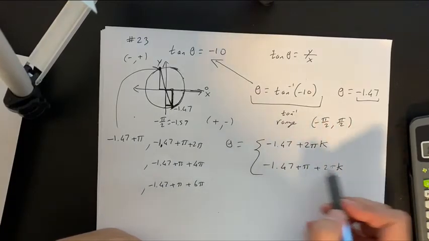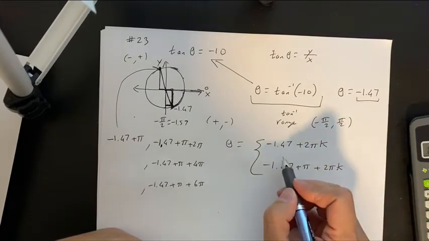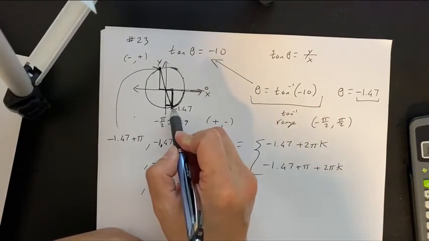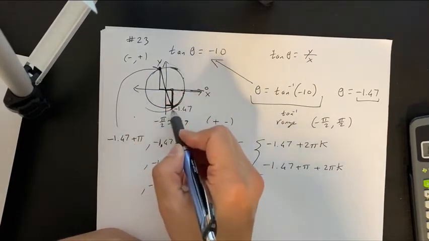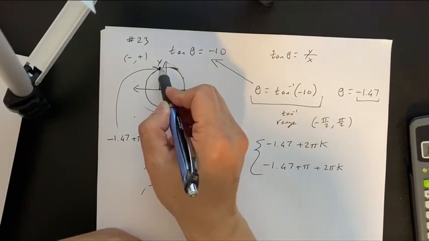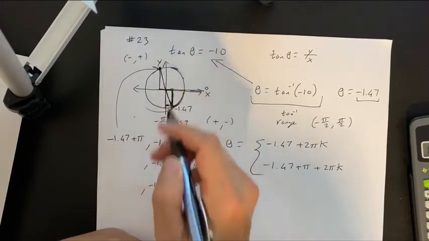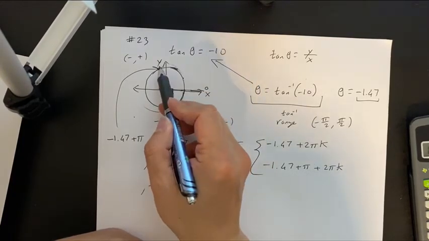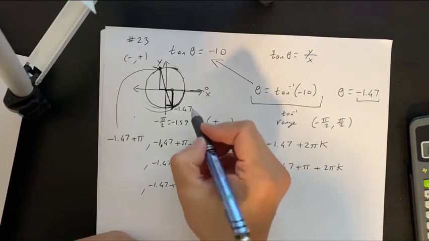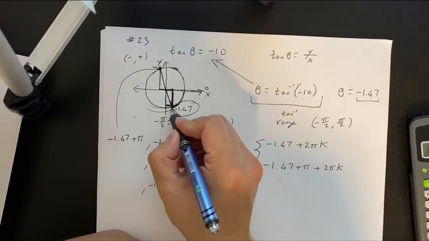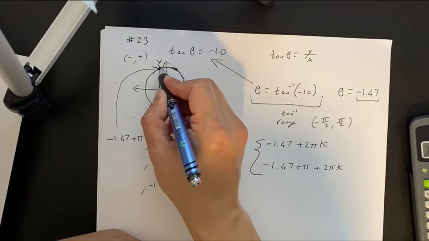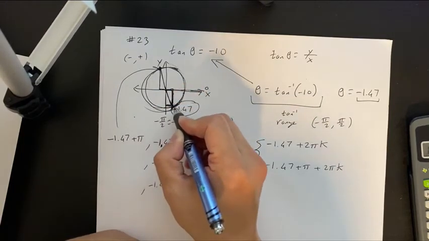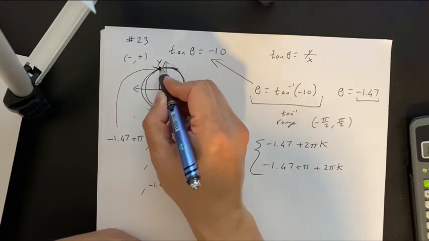And you notice something here. You actually only need one line. Here, to get another value for this position, I add a 2 pi. To get another value for this position, I add another 2 pi. But these two positions are related by simply adding a pi. So I can start with this negative 1.47, add a pi, you get this other position. Add a pi, you get back the first position. Add another pi, you get back the second position.